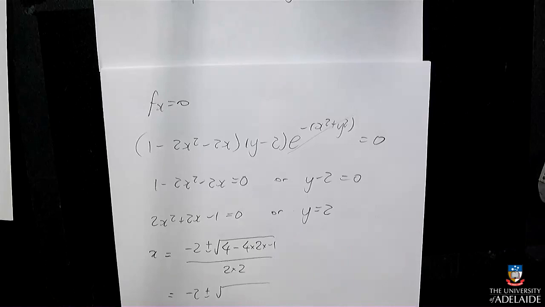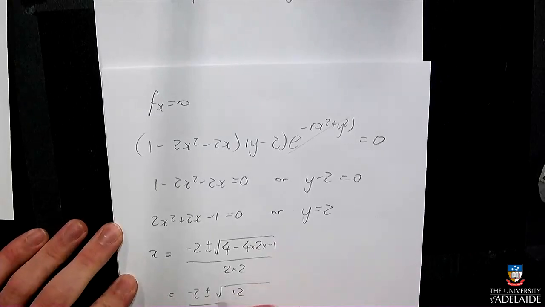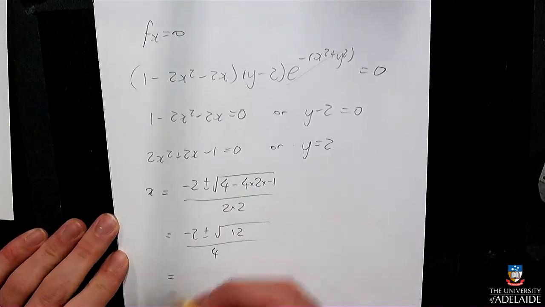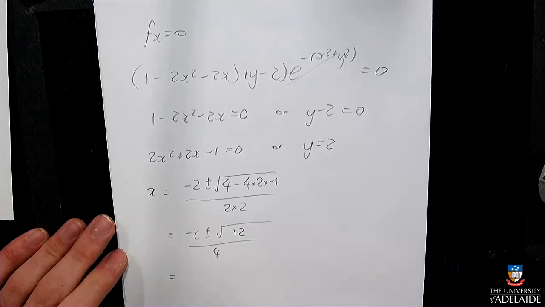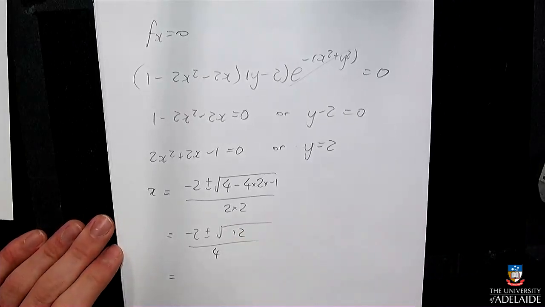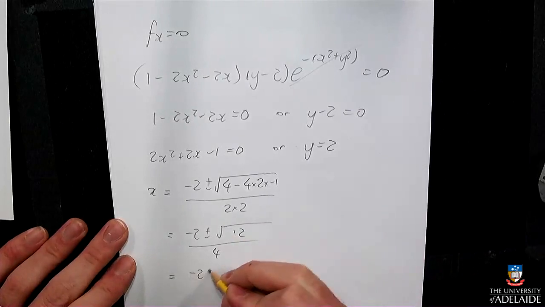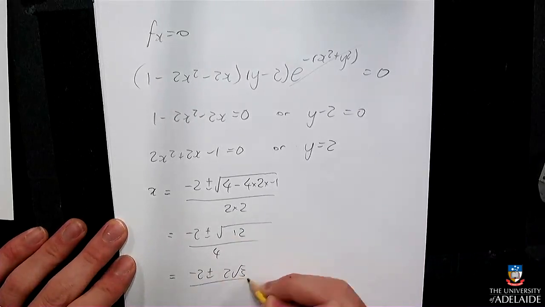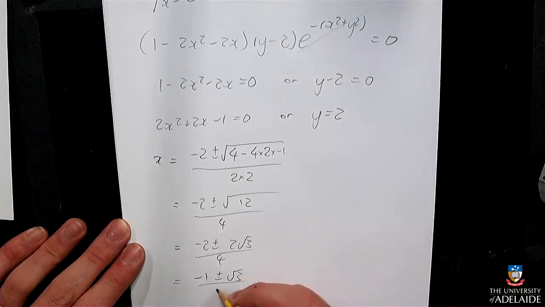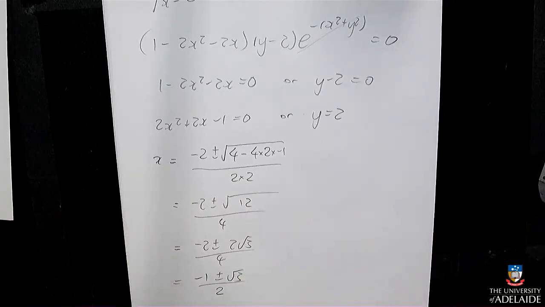So what have we got? 4 plus 8, which is 12. I don't like it. It's awful. I guess 12 is 4 times 3, so I could square root the 4 and that'll give me 2 root 3. It's not good.